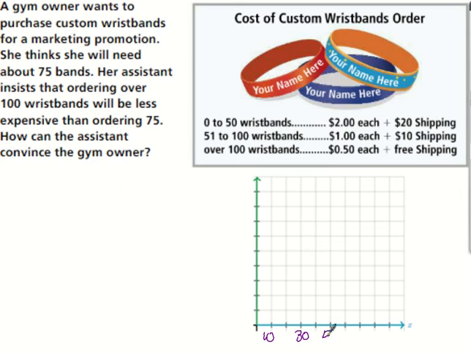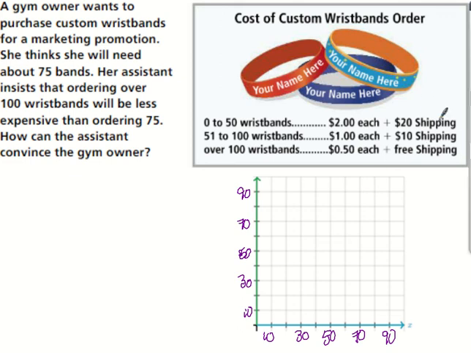I could go by 5, but I don't think it would fit. 100's barely off my graph anyways. They're going by 10s too. So 10, 20, 30, 40. I'll just keep it consistent with the book. All right, there we go.